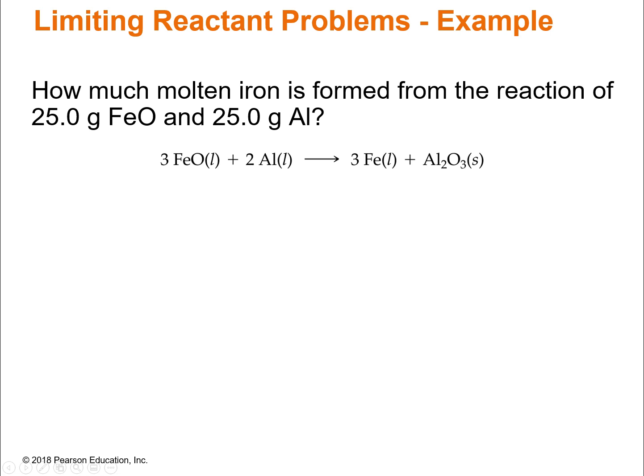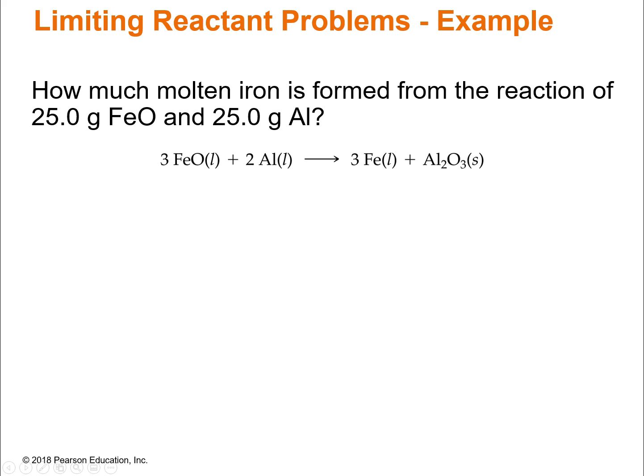So now I'll give you a little bit more of a complicated example. We're going to combine the problem types that we've been doing, the mass to mass, mass to volume, and volume to volume, with the limiting reactant problems. So here we go.